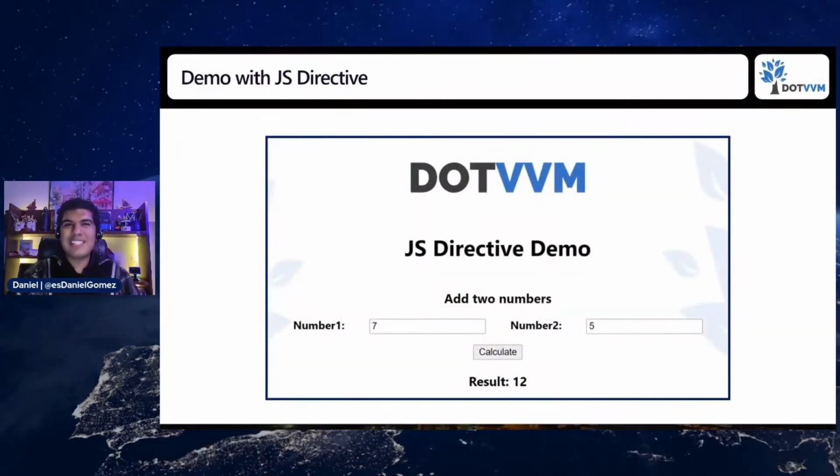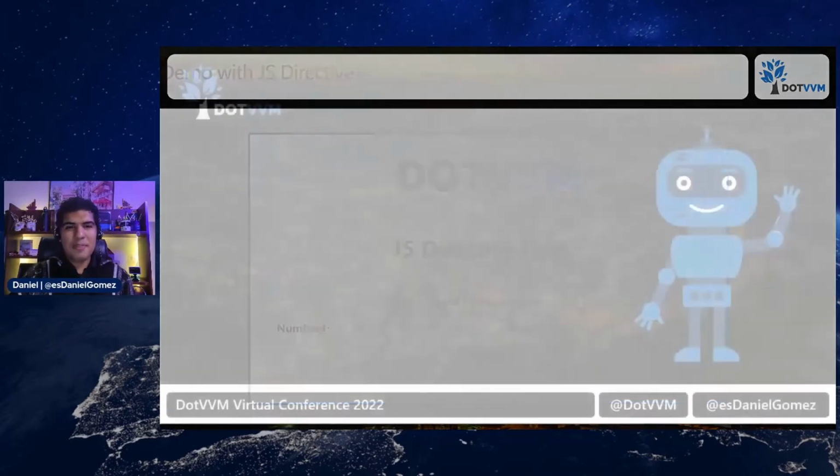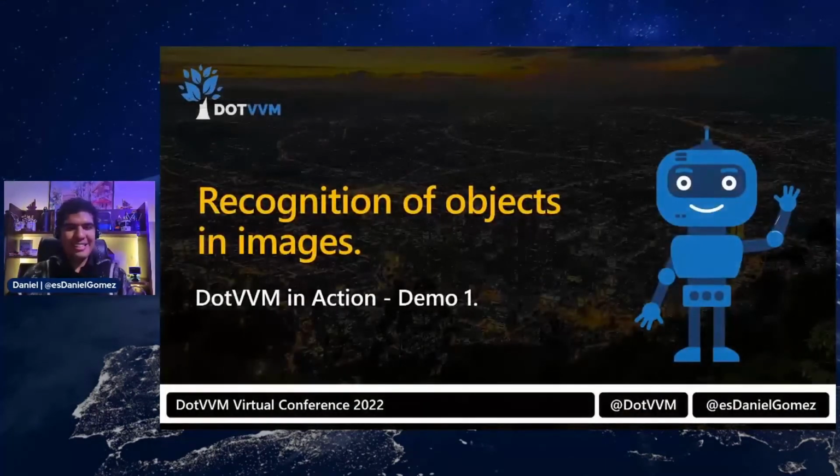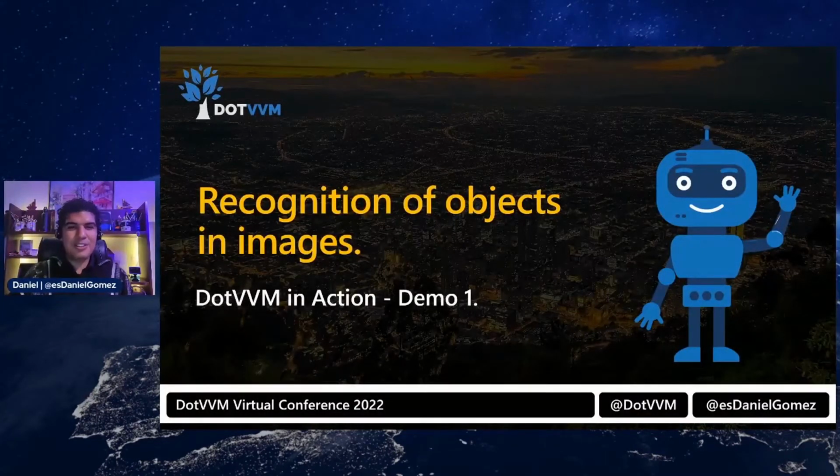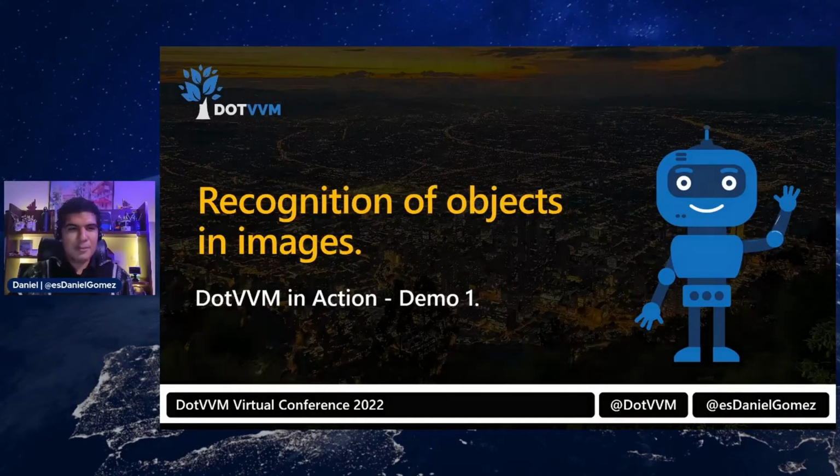Okay, that's it. Now we can see a .vvm in action demo to see how to use the JS directive in some scenarios that we can consider. The first one is this .vvm in action demo to have recognition of objects in images, all of this in one .vvm web application.